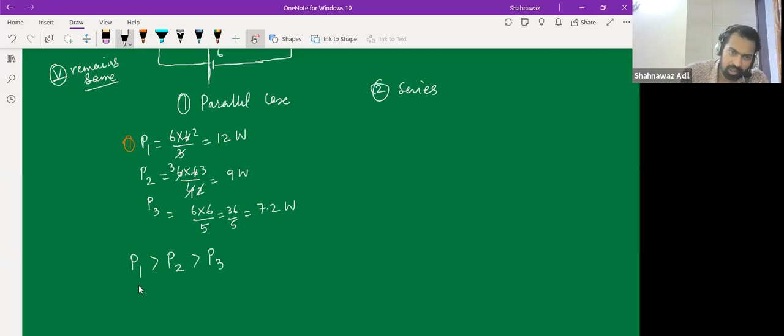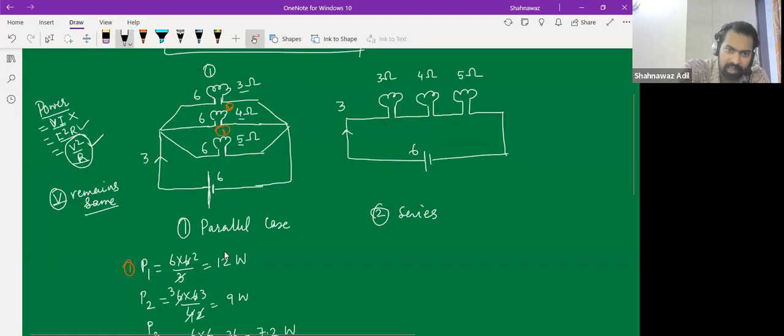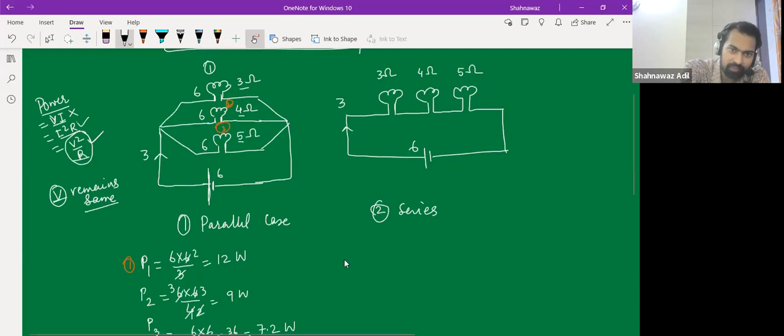So bulb number 1 glows brighter than the second and then the third.